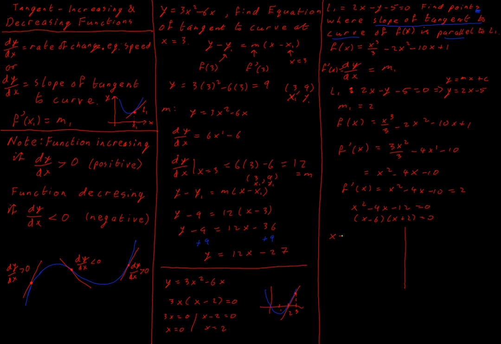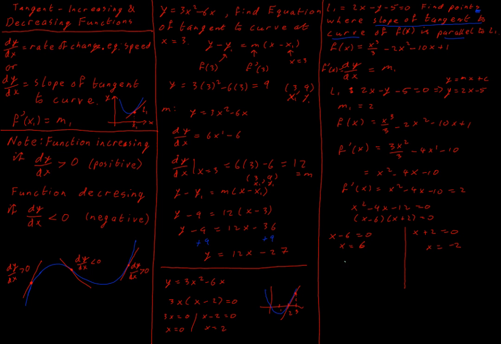So I have x minus 6 is equal to 0, and x plus 2 is equal to 0. Rearranging, I get x is equal to 6, and x is equal to minus 2.